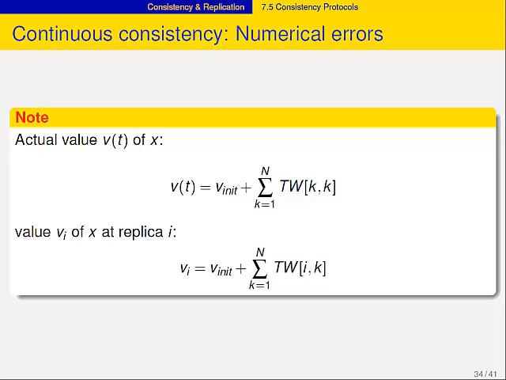What is this thing? How many updates of that variable have I received that weren't originally sent from the original servers?